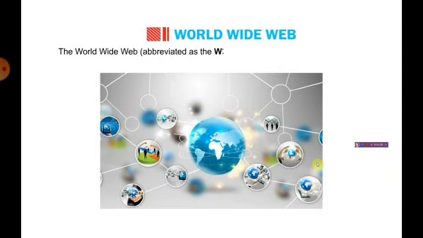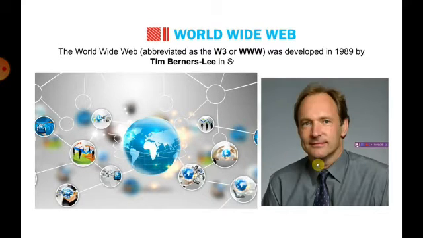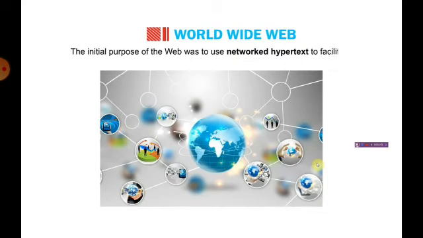The World Wide Web, abbreviated as the W3 or WWW, was developed in 1989 by Tim Berners-Lee in Switzerland. The initial purpose of the web was to use networked hypertext to facilitate communication among its members.